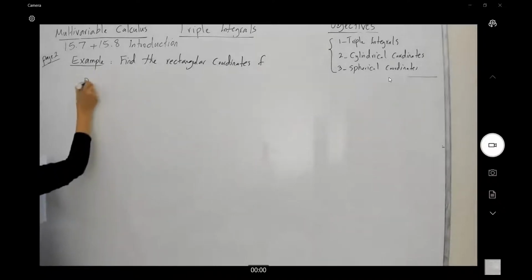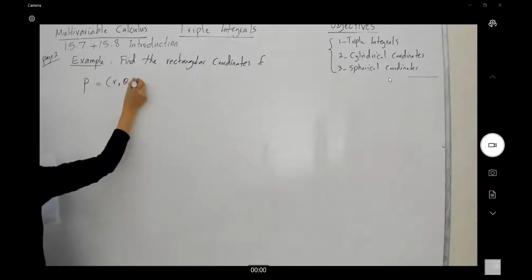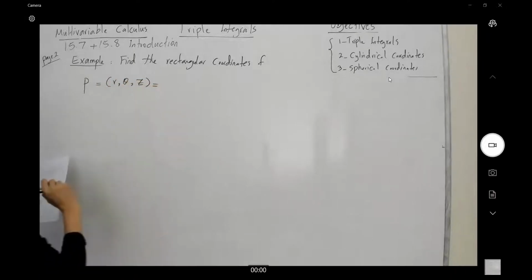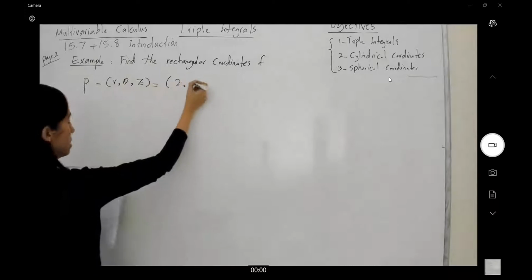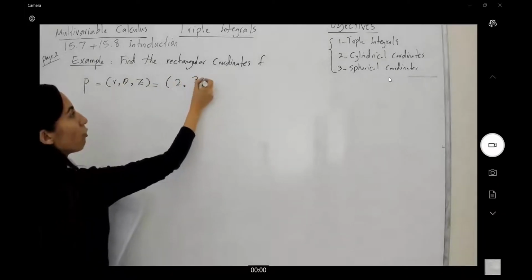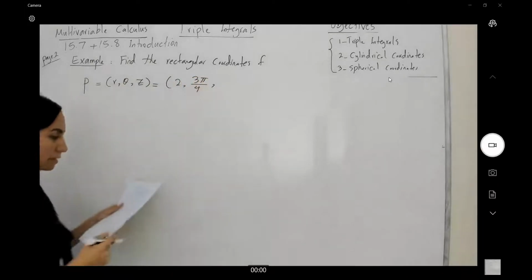Of point P, which is given as r, theta, z equals 2, 3 pi over 4, and 5.